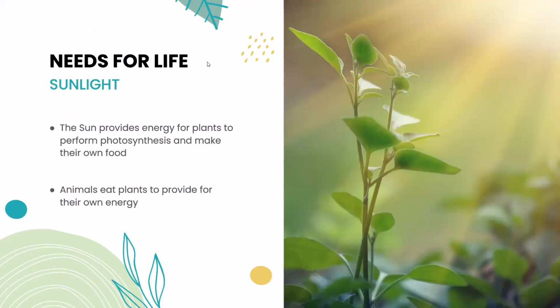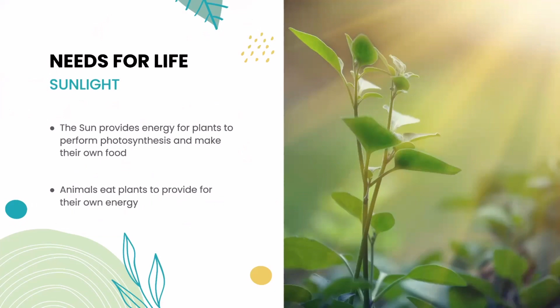Okay, so the first one is sunlight, which would be the most important one. Fun fact, all the energy for living things comes from sunlight. Plants use sunlight to go through photosynthesis, which makes their own energy. Herbivores like deer eat the plants and then the energy is transferred.